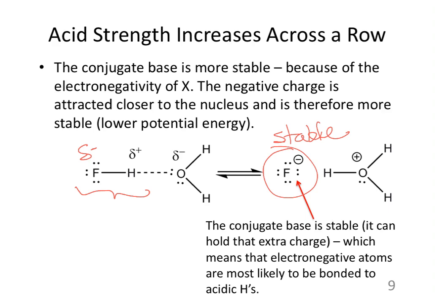There's quite a bit of separation of charge because of the electronegativity difference between fluorine and hydrogen. And because of that more condensed partial positive charge in hydrogen, it's more strongly attracted to the electronegative oxygen in water.